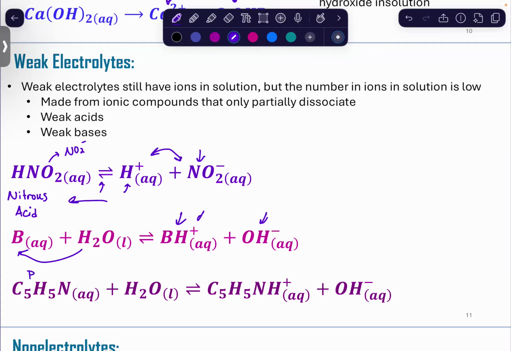This is called pyridine. It's going to react with a few water molecules and take a proton, forming pyridinium and hydroxide. So this is kind of your first look at an organic molecule, your pyridine.